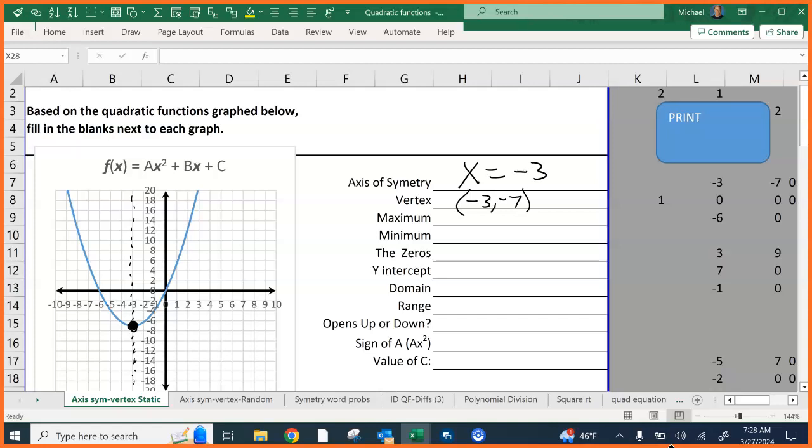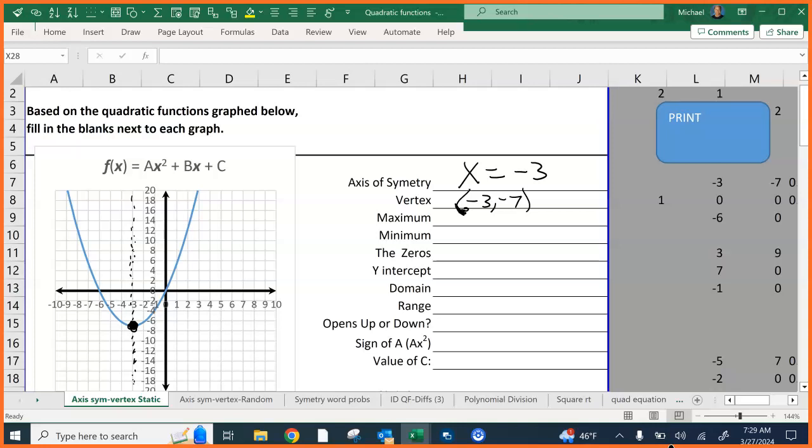It's also the same as the -3 on the vertex right there, right? But anywhere on that dashed line where it splits this thing in the middle, x is equal to -3, no matter how high we go up that dashed line. But the specific point on the parabola is going to be the vertex.